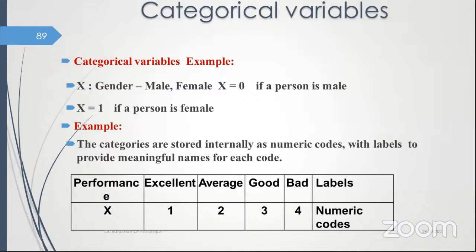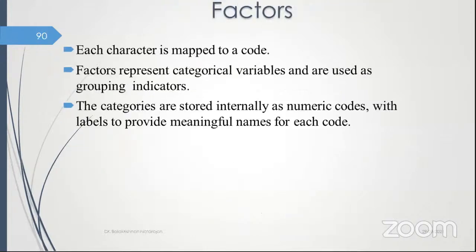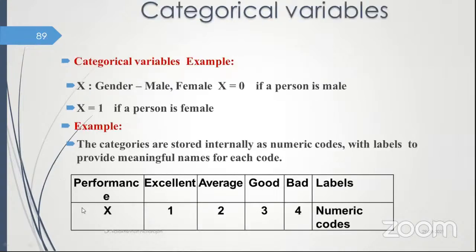In factors, each character will be mapped to a code. For example, the performance of particular faculties: excellent, average, good, bad, and so on.